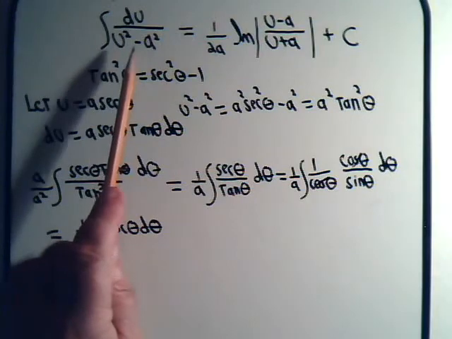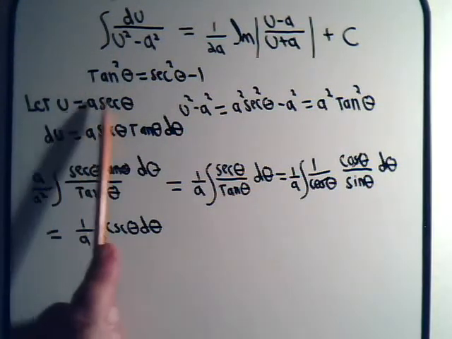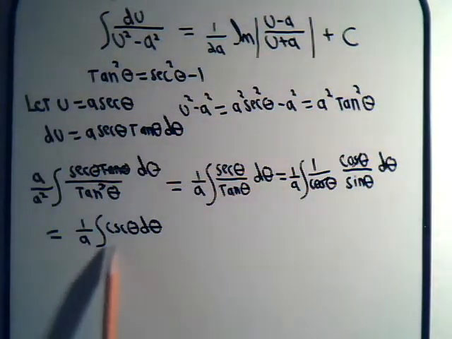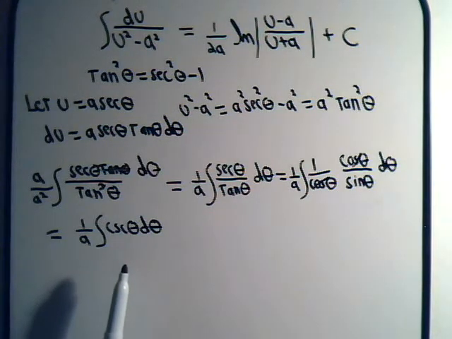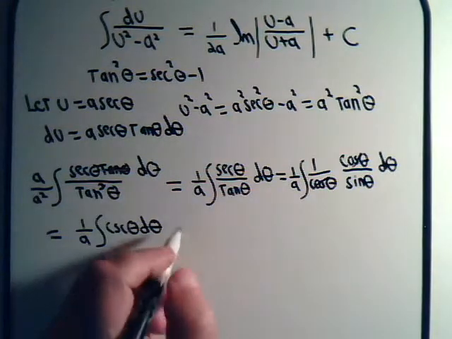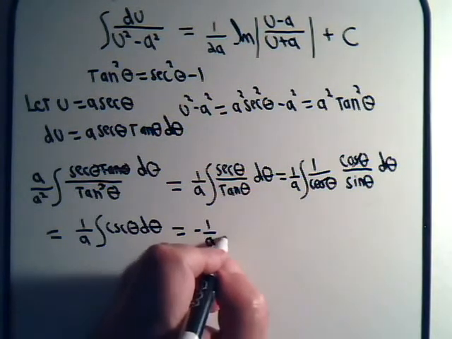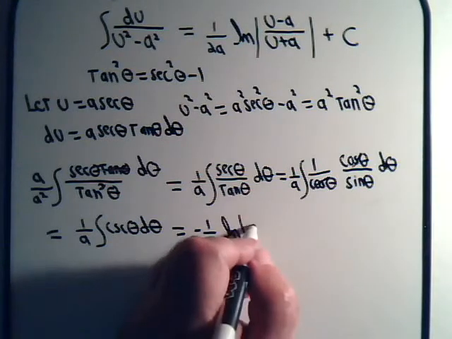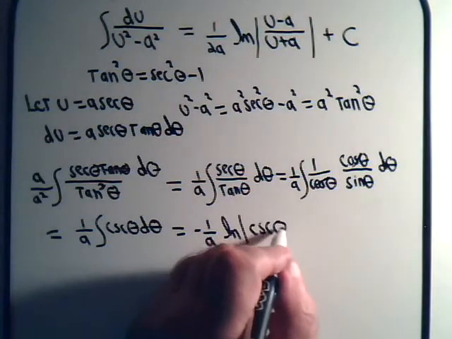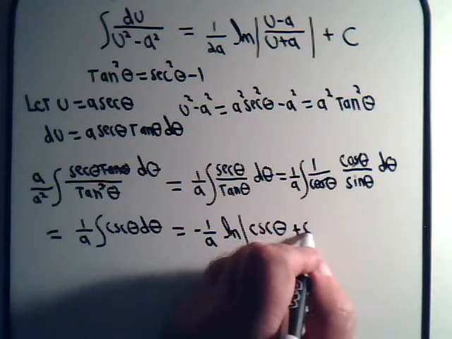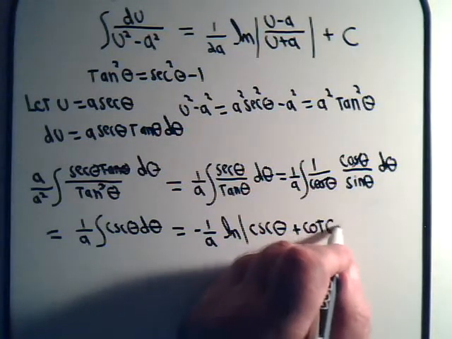So this integral here with this substitution now becomes this integral here, and hopefully you remember what that is. That's minus the natural log of the cosecant of theta plus the cotangent of theta. So we're going to have minus 1 over a natural log cosecant of theta plus the cotangent of theta.